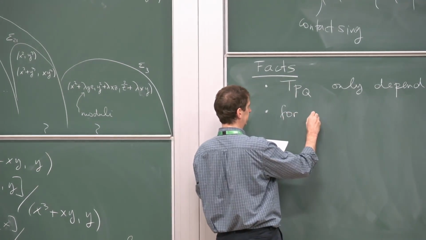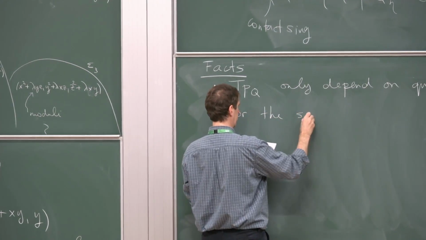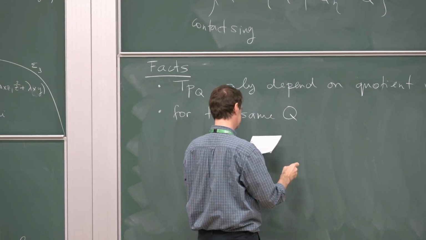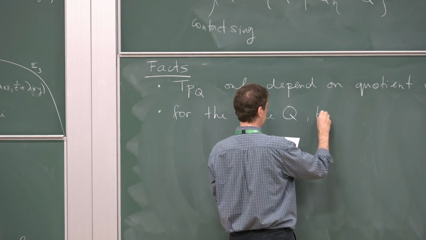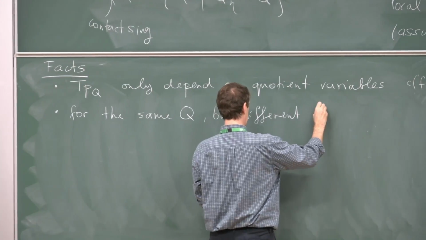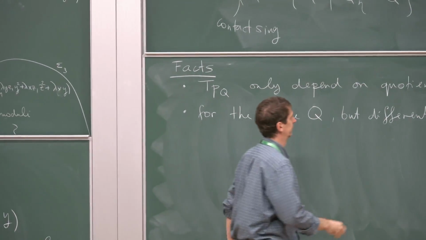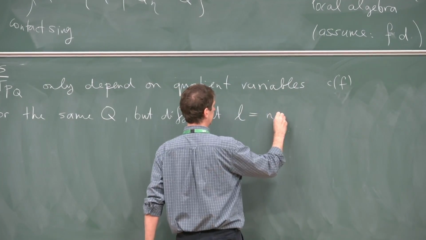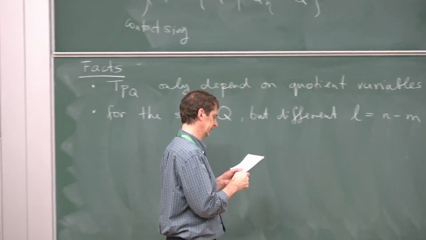So next one is for the same Q, but different N and M. L is the target dimension minus the source dimension.